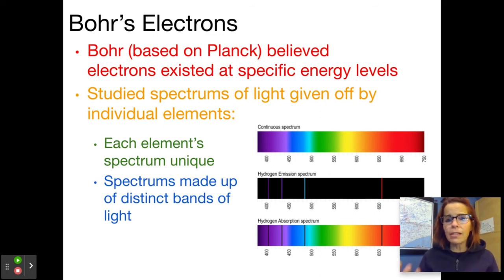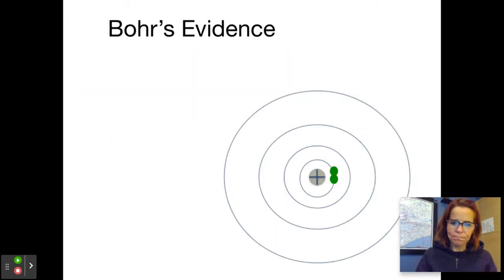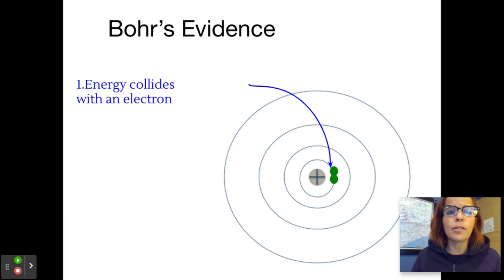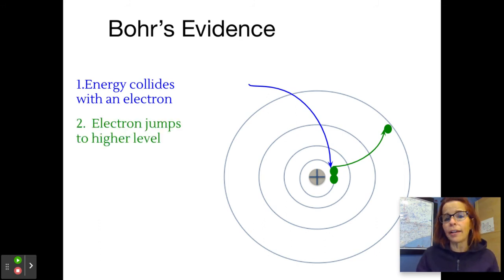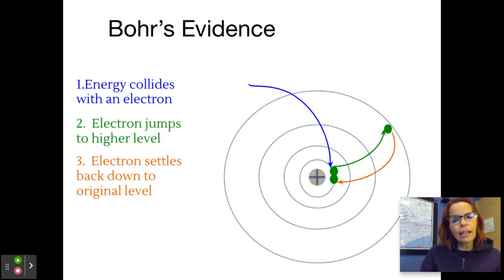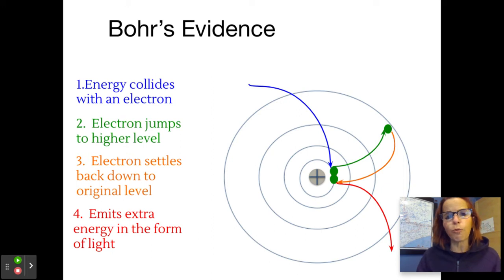So Bohr built his model based on this idea. When I was talking about burning, energy collides with an electron and it excites the electron to a higher energy level. Eventually, that electron comes back to its original energy level and it releases the energy that it absorbed in the form of another form of energy called a photon.